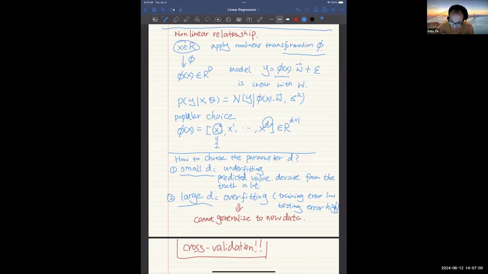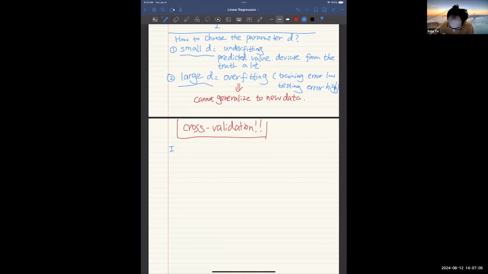Right here, we assume x is just 1D. If x is high dimensional, a vector in R^p, we can generate a bunch of other vectors, for example u_1 to u_D, which are all in R^p as well.